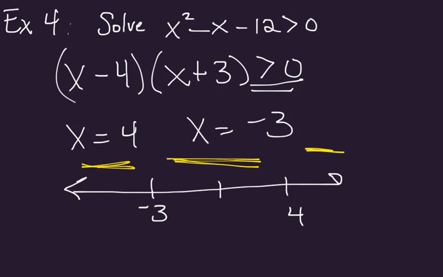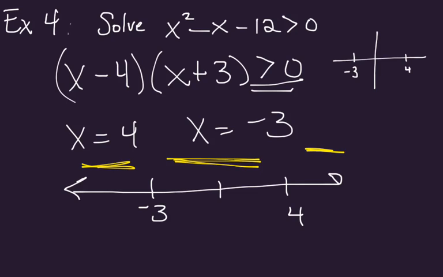Just as a side note, what would this graph look like? Anybody want to guess? What happens at 4 and negative 3? So here's 4, and here is negative 3. Does this parabola open upwards or downwards? Up.